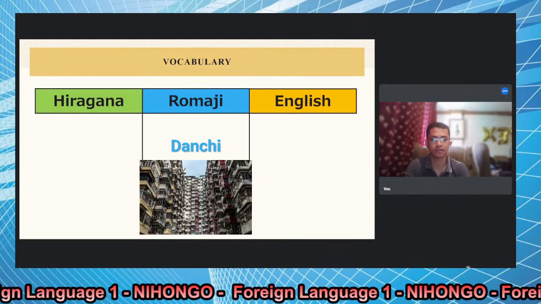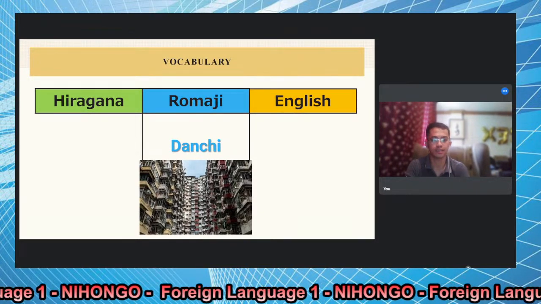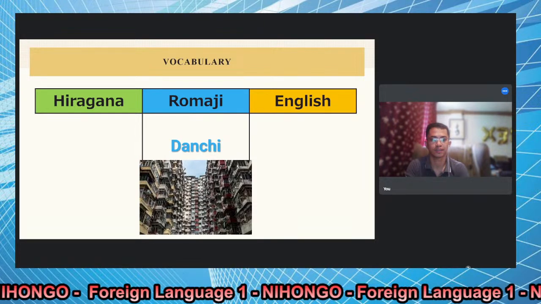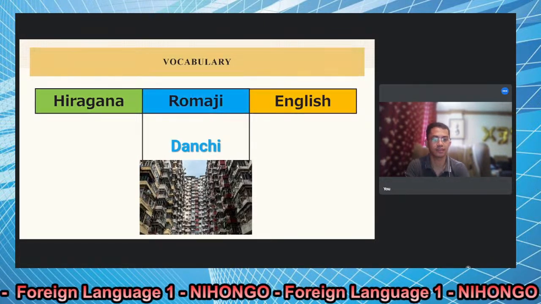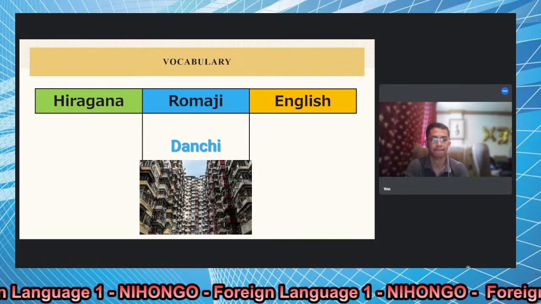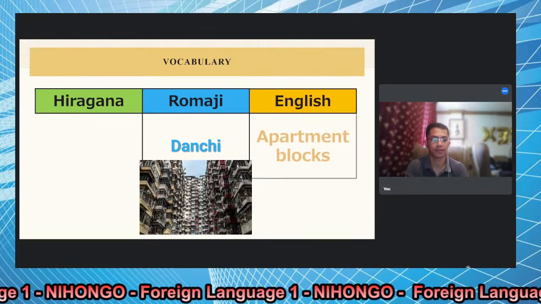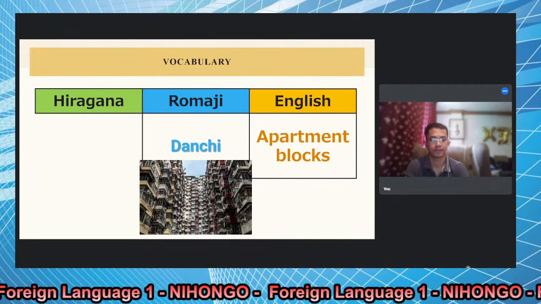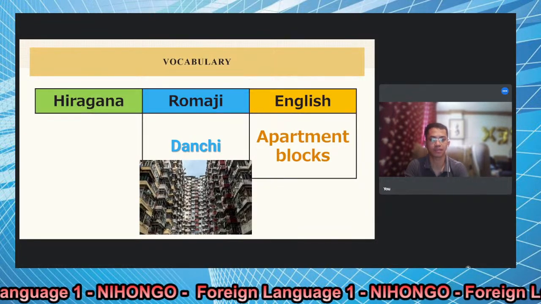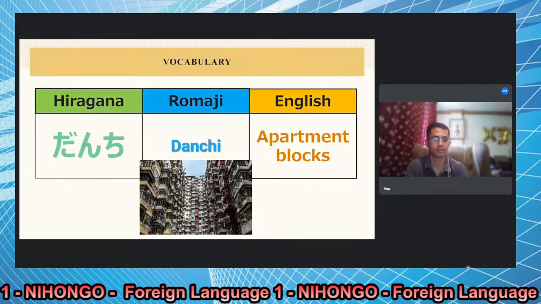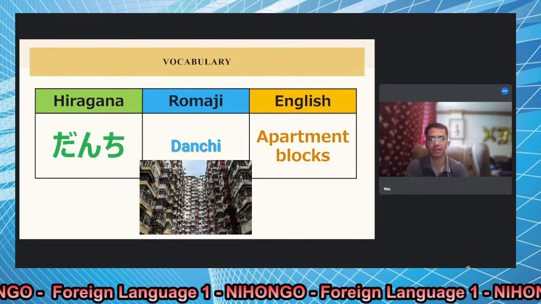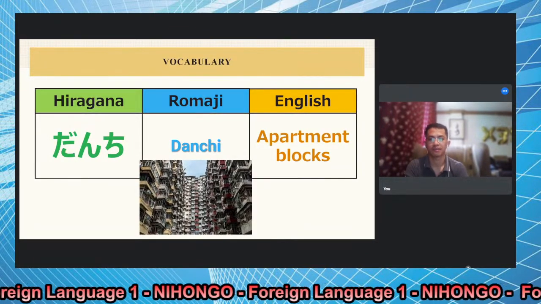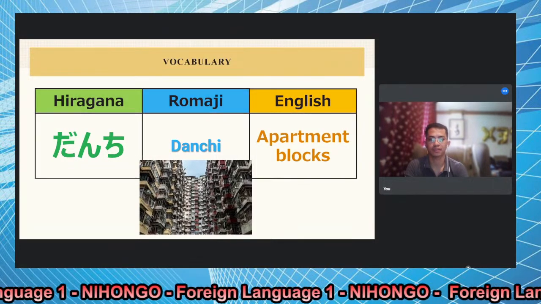So next word po natin is danchi. Danchi is apartment blocks. And it is written as ta plus tenten and then chi.